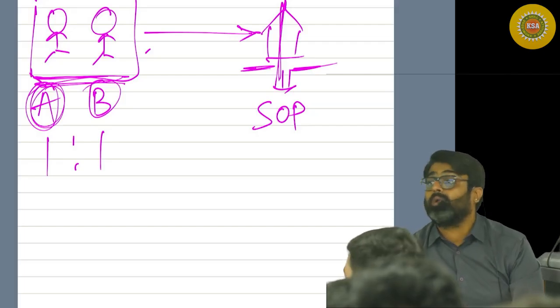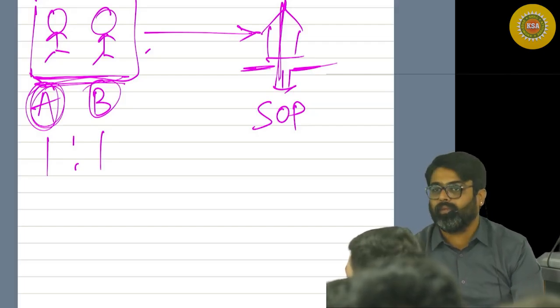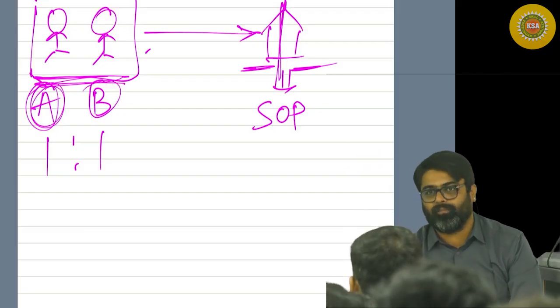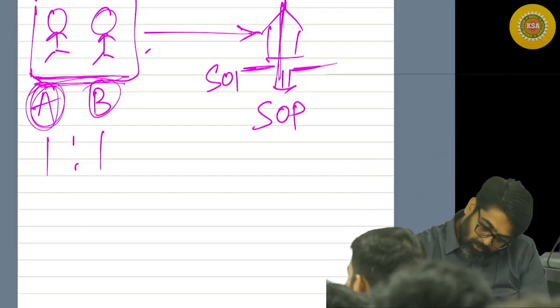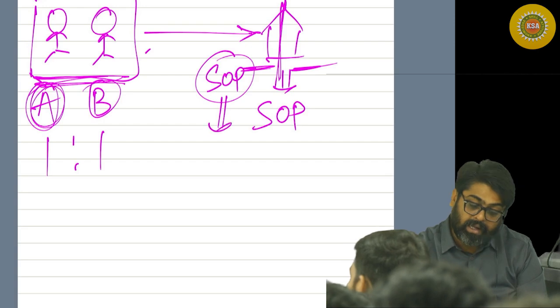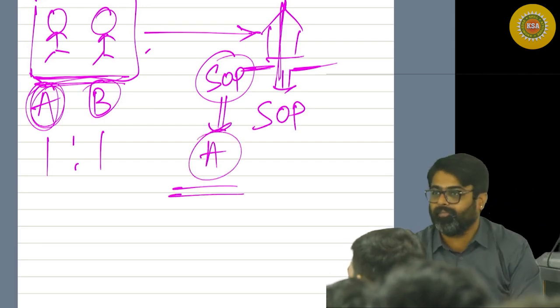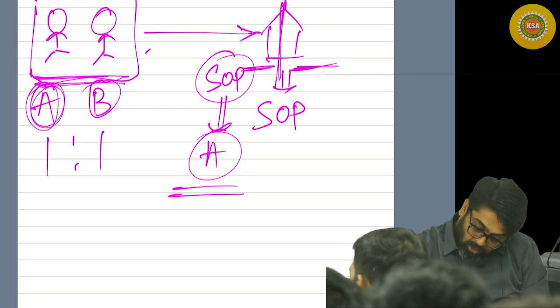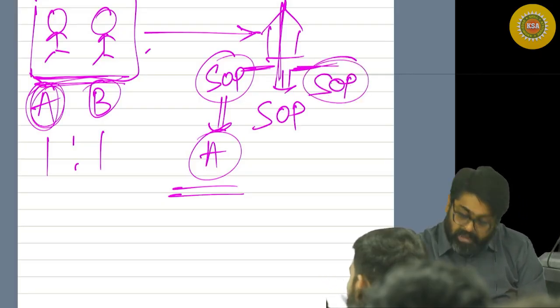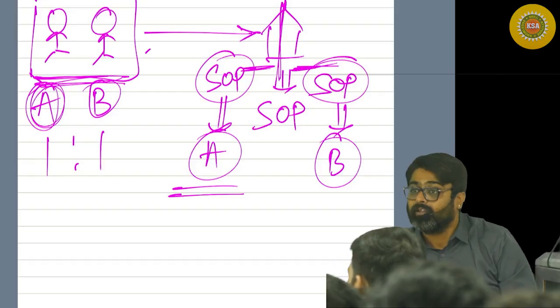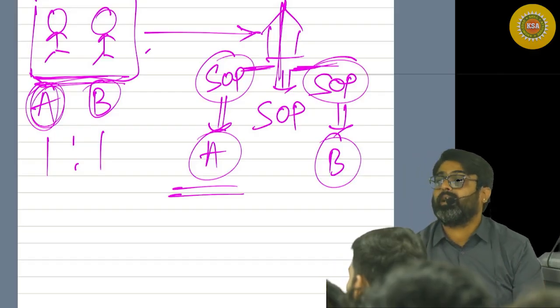Now what will you do in this case? You will not give the status of SOP to the entire property. The SOP portion of A will be treated as his SOP separately. The SOP portion of B will be treated as his SOP separately. Getting my point?